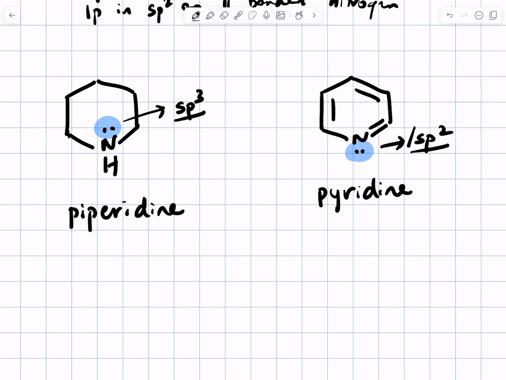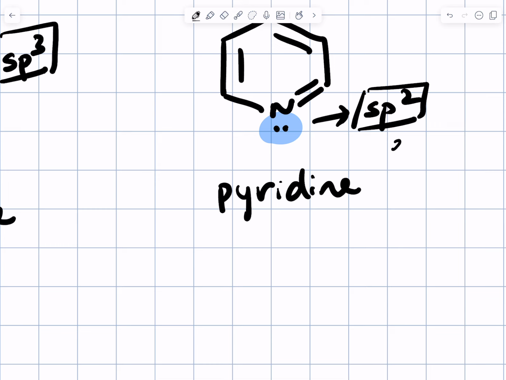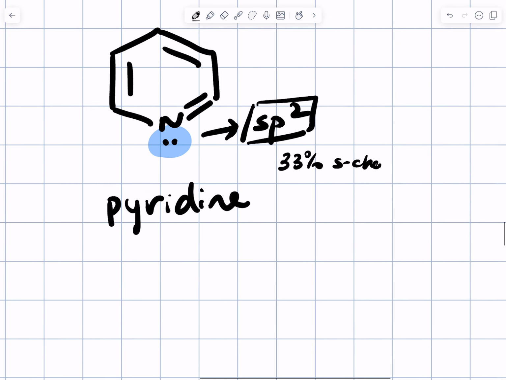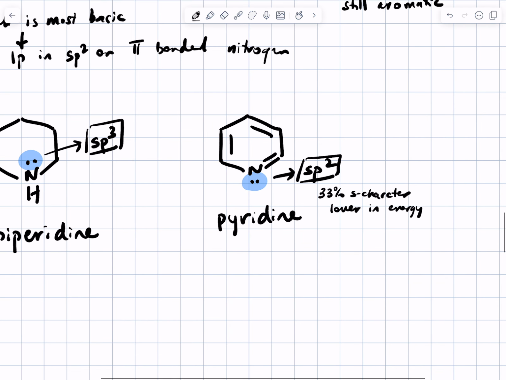Based on what you know about orbital hybridization, which of these is lower in energy, the sp3 or the sp2? sp2 is lower in energy. It's got 33% s character, and the s orbitals are lower in energy than p orbitals. So orbitals with greater s character are lower in energy than those with less s character.